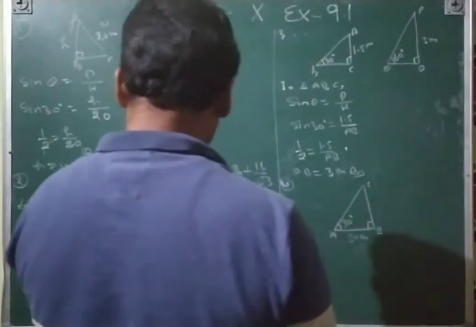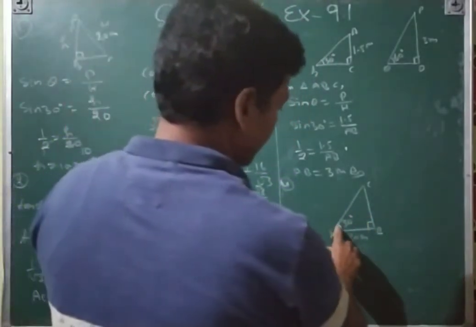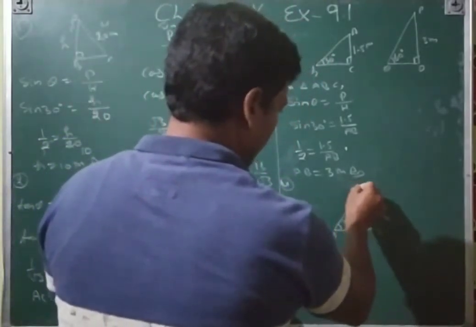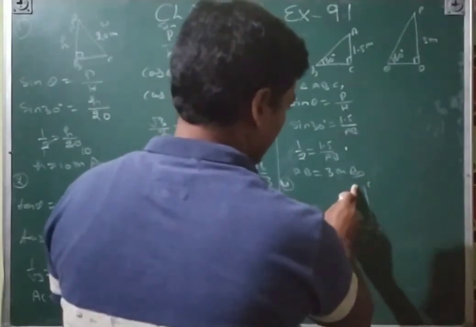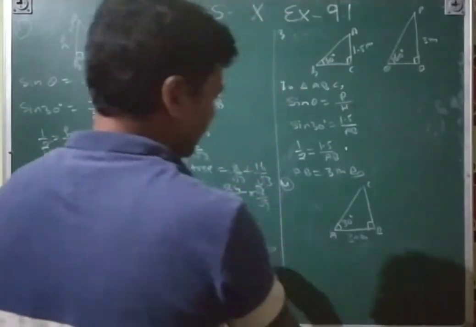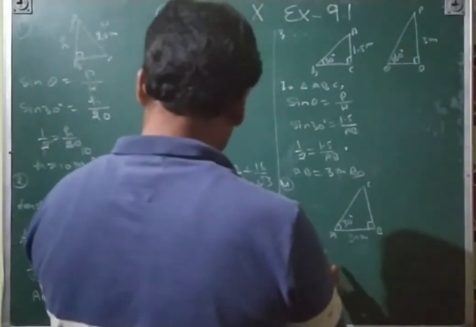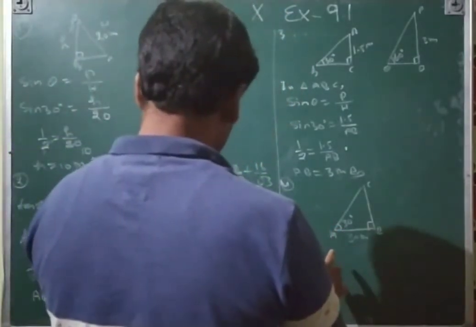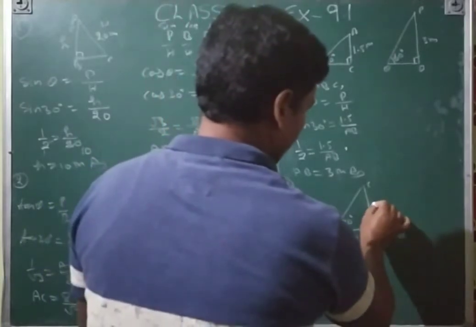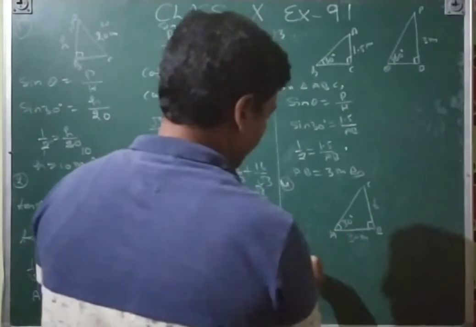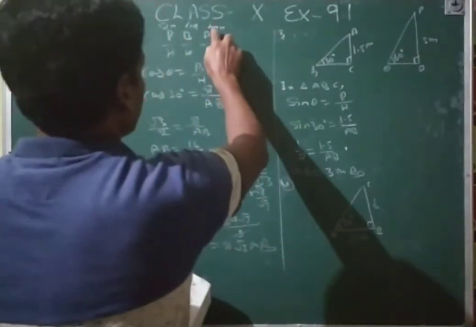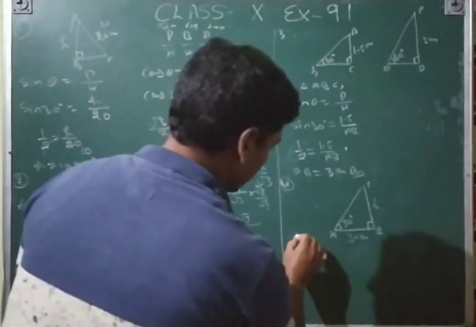So what is the elevation angle? This is the elevation angle, and this angle will be the depression angle. So we need to find the height of the tower. Base and perpendicular, so it is tan theta.